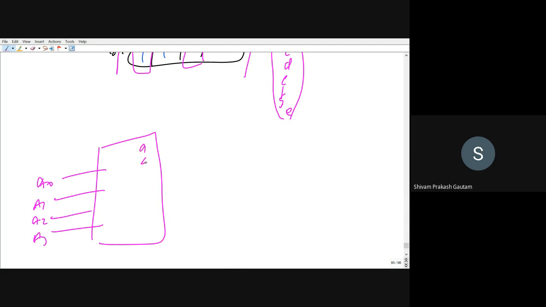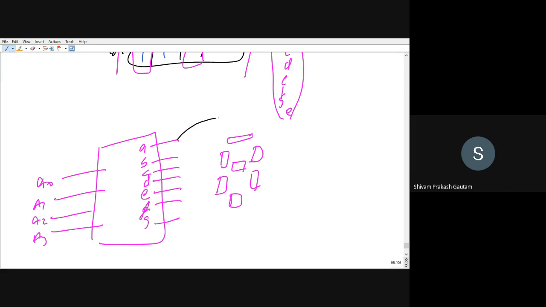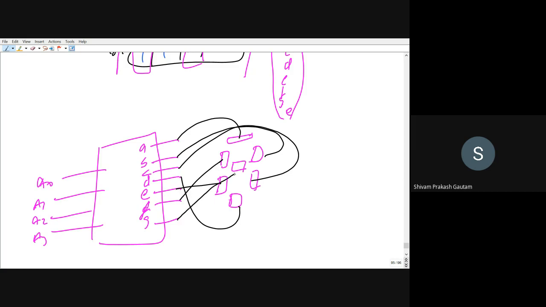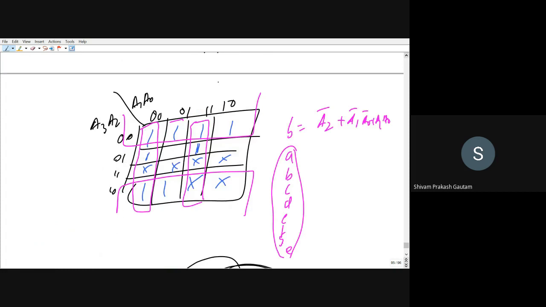Here you can have A, B, C, D, E, F, G, 7 combinations, and you can have 7 LED blinkers and pass the respective outputs to them. A will be going here, B here, C here, D here, E here, F here, and G here, right? This you can draw after drawing the K-map for all the cases; you can try it on your own.